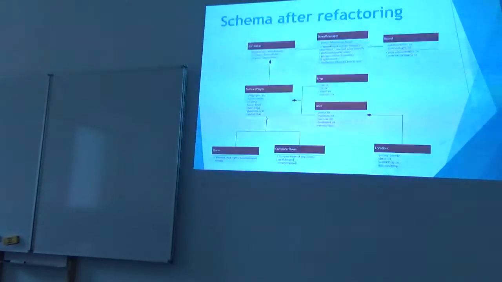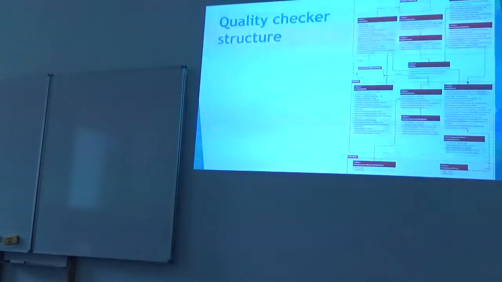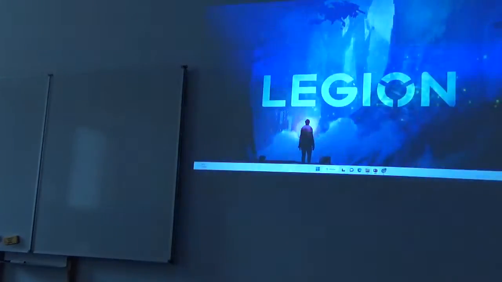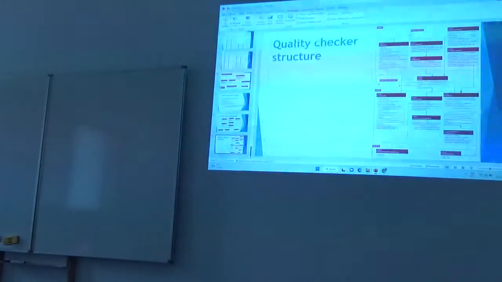And finally, I also have a diagram for the quality checker, where I implemented functionality to observe the variability points and, by using recursion, count the number of components and evaluate the variability, and finally the usability of given components. Okay, thanks.